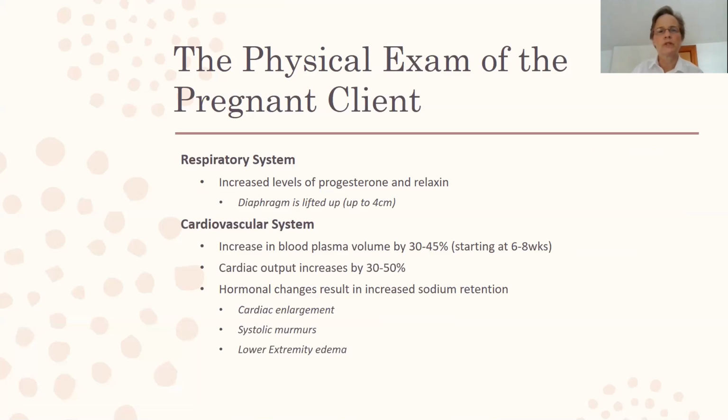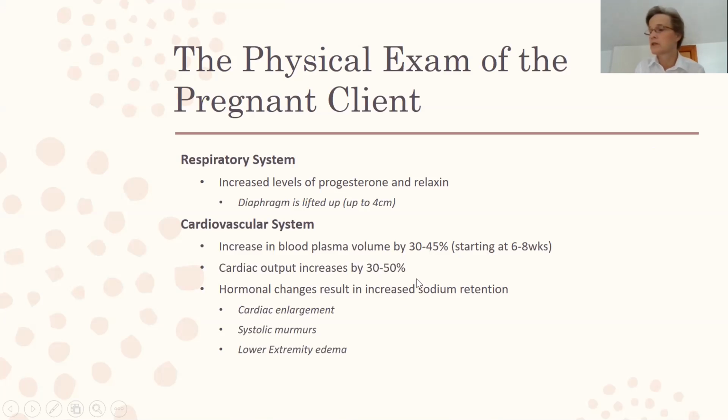So here you go, respiratory system, right? Increased level of progesterone and relaxin. I'm not going to test you on that. The diaphragm is lifted up about 4 centimeters, which can put some stress on the respiratory system and cause some shortness of breath. The increase in blood plasma levels is because you have a baby growing in, right?